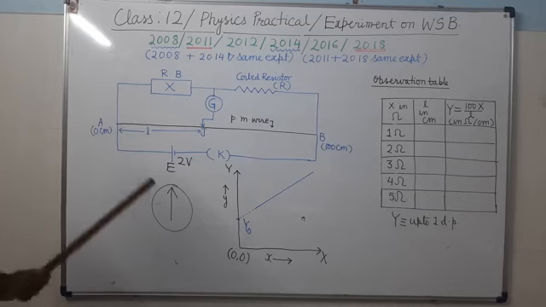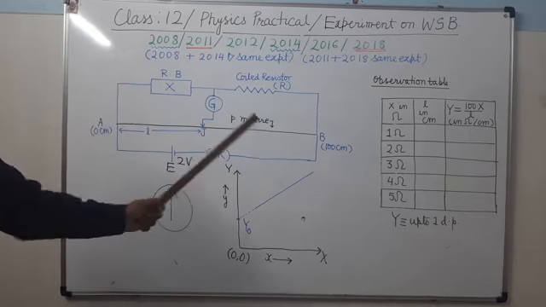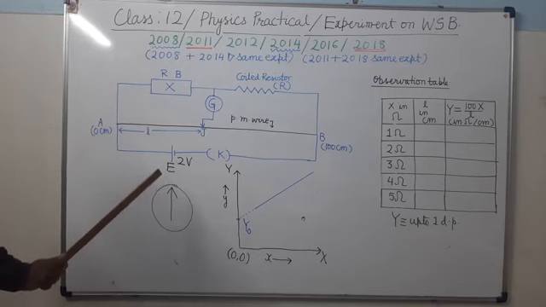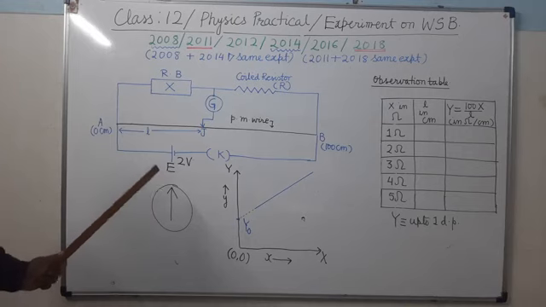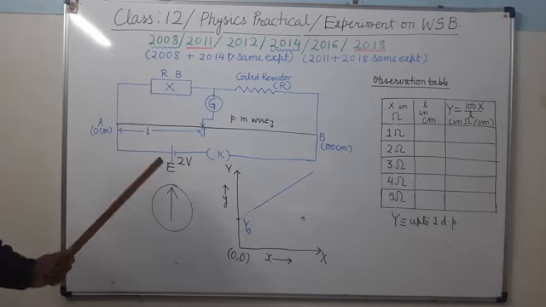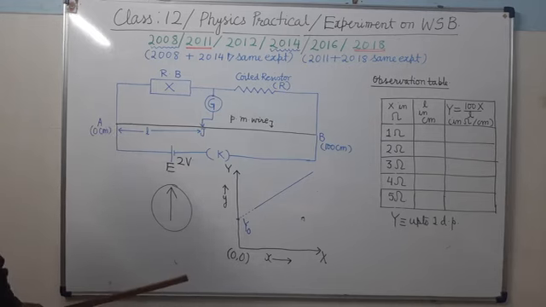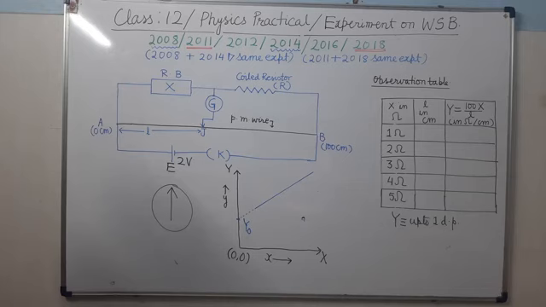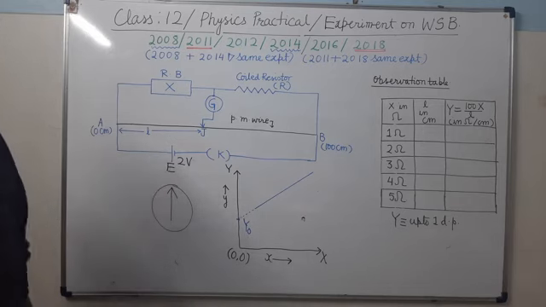Means on touching at A and at B, it should show deflection in opposite directions. If at one point it shows deflection in clockwise direction, then at the other point it should show deflection in anti-clockwise direction. You have to ensure this. This is a must for beginning the experiment.